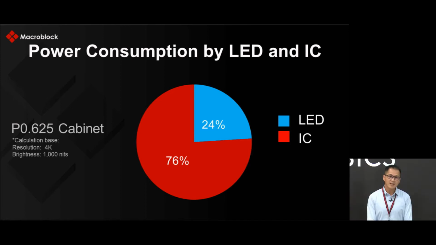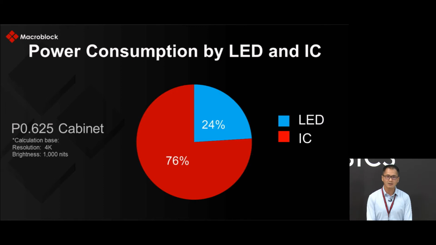Well, it depends on the pixel pitch and applications. Let me put it this way. When pixel pitch is larger than 1 mm, LED will consume more power than IC. If pixel pitch is less than 1 mm, IC will consume more power than LED. There's an example. A cabinet with a pixel pitch of 0.625 mm.